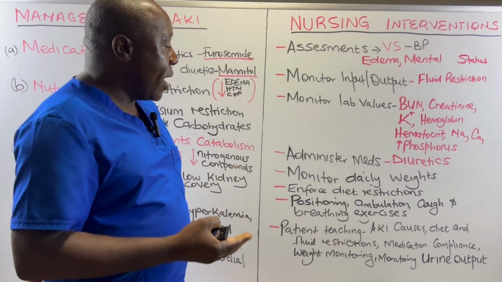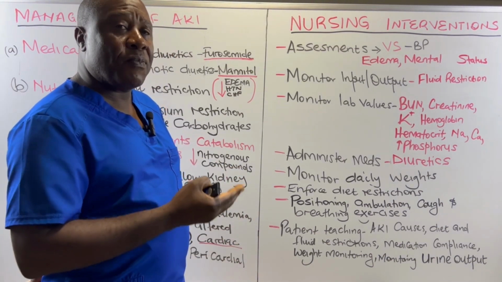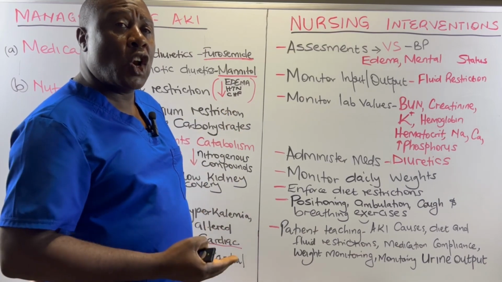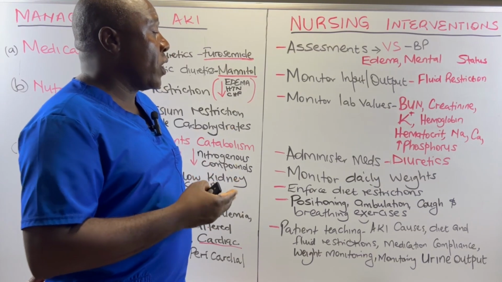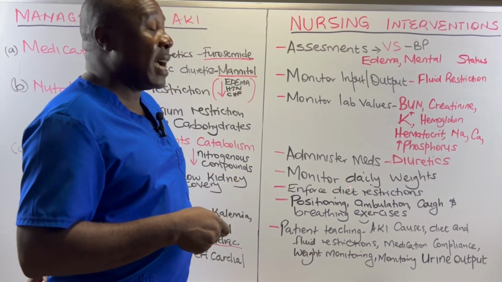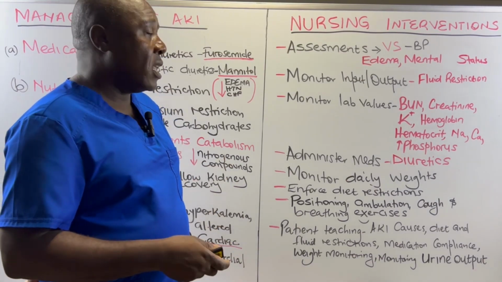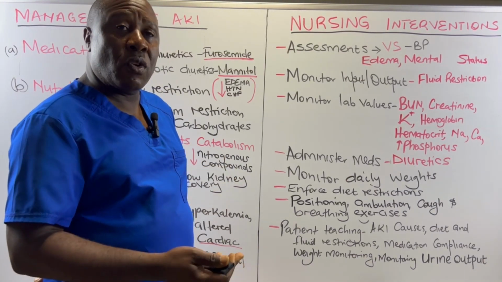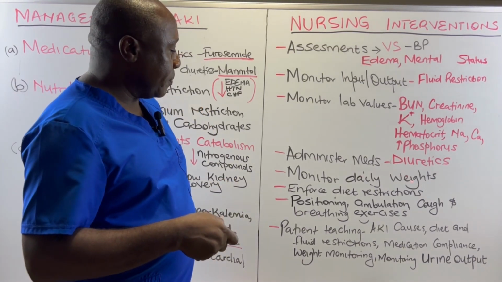So we are weighing these patients daily to see whether their weight is the same, is going higher, or is going lower. So this will indicate to us the effect of our treatment method. We normally weigh these patients, especially in the morning, on the same scale, in the same clothing, just to ensure that we are getting an accurate reading.